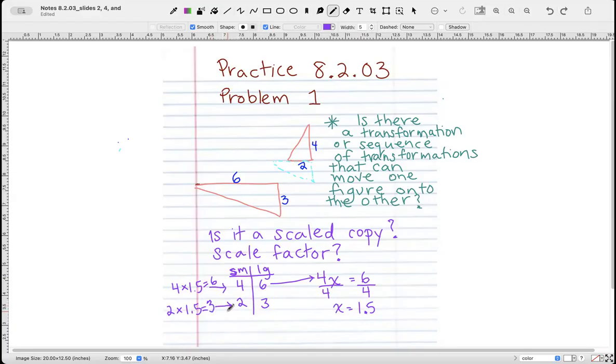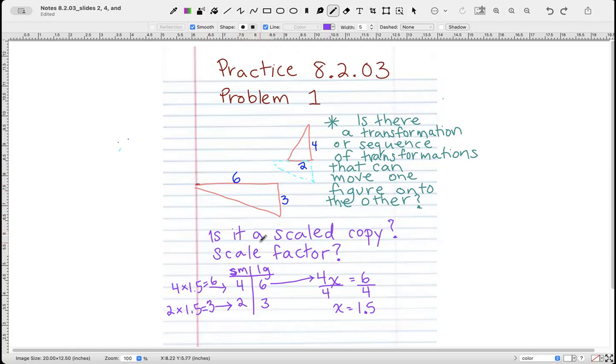Okay, so recap. We know that if this rotates 90 degrees, it's going to be in the same position as this one. It's facing the same direction. And then we have to figure out if it's a scaled copy, because if it's a scaled copy, it can blow up to be the same size as this one.